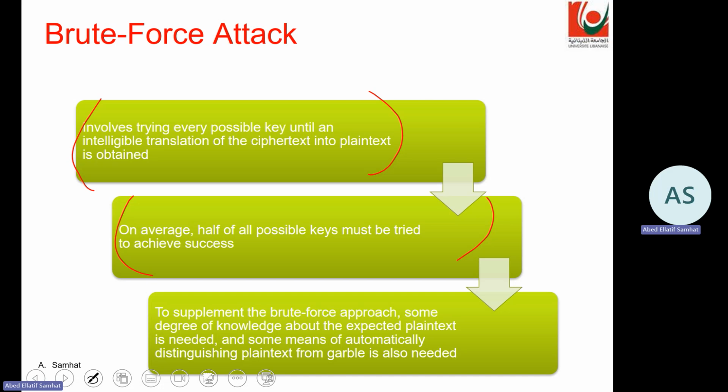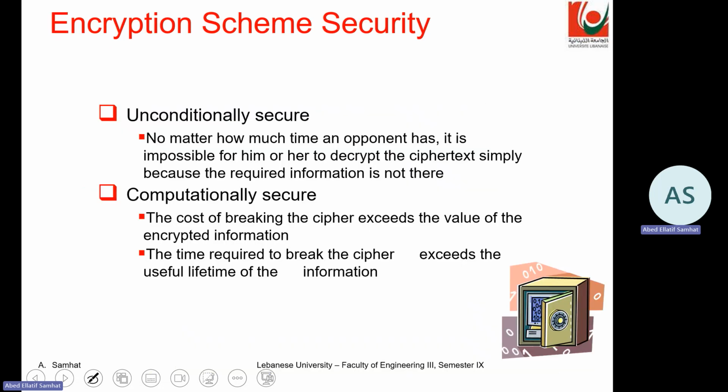And generally, to supplement the brute force approach, some degree of knowledge about the expected plain text is needed, and some means of automatically distinguishing plain text from garbage is also needed. Those are supplementary conditions for the brute force approach.